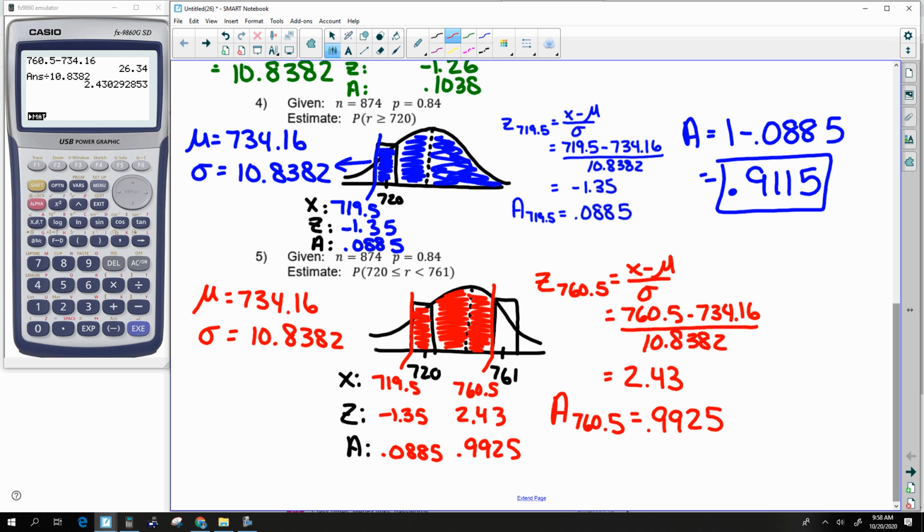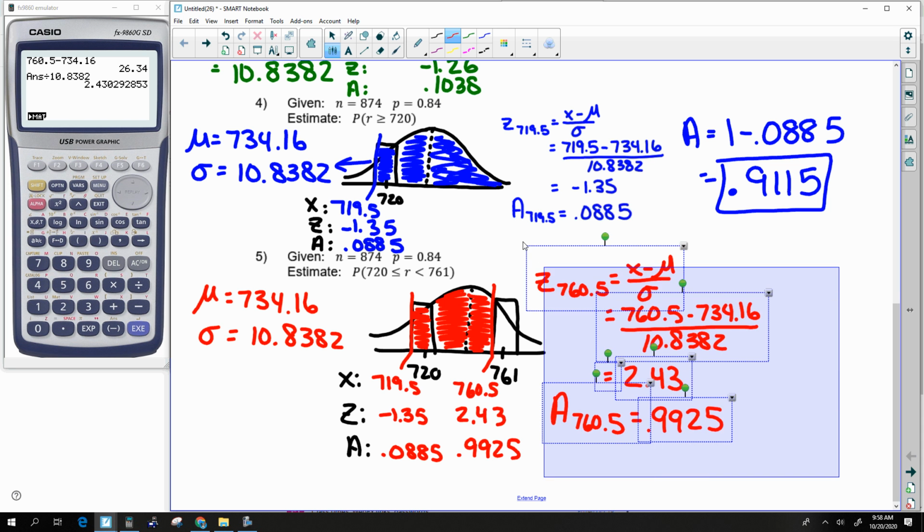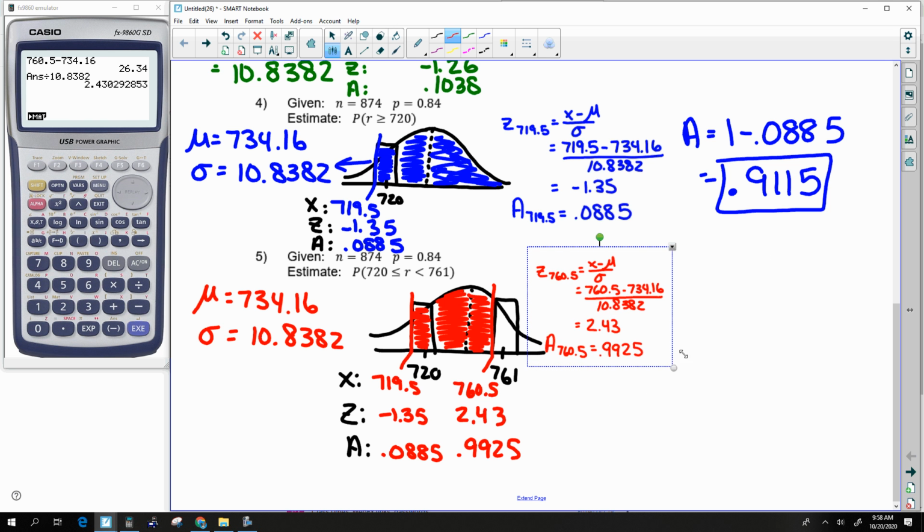Okay, so the question is, what is the area of that shaded region right there? And so to find that, what I'm going to do is I'm going to take the big minus the small.